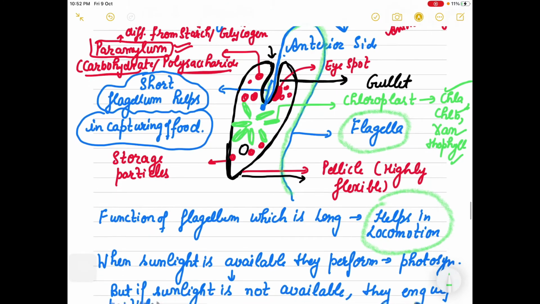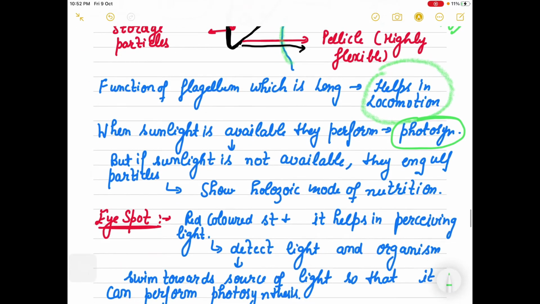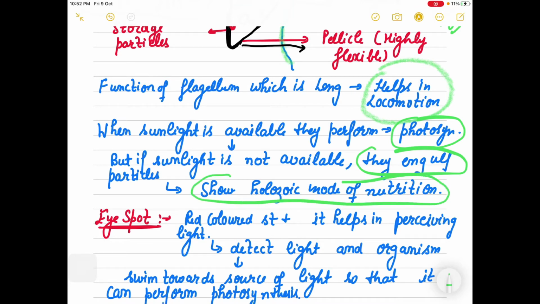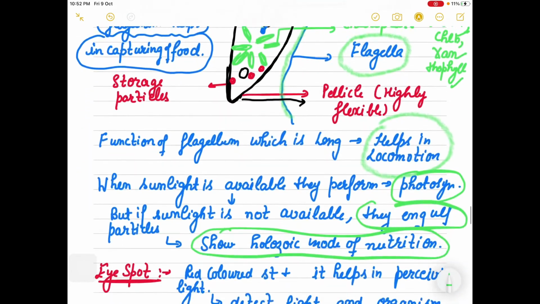These are the pigments which are present in the chloroplast. Now when sunlight is available to them, they perform photosynthesis. If sunlight is not available, they engulf particles and show holozoic mode of nutrition, which is a characteristic feature of animals.